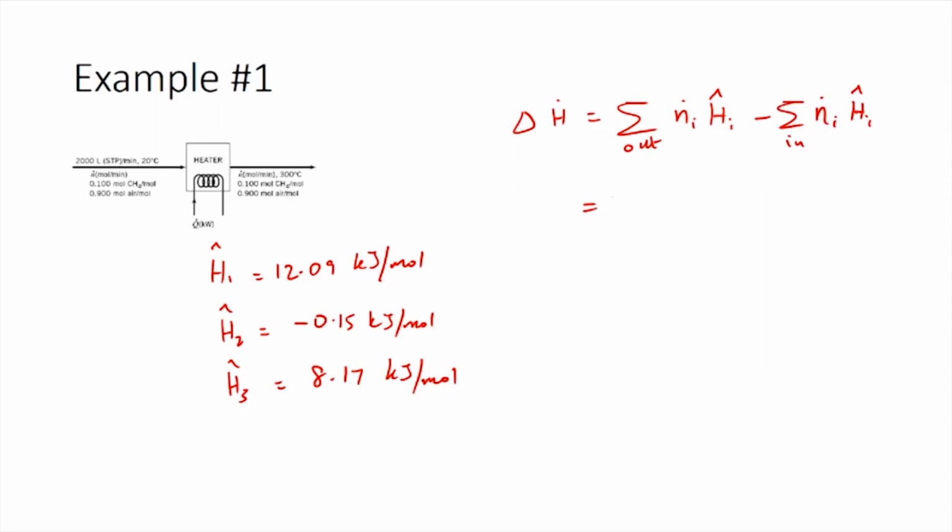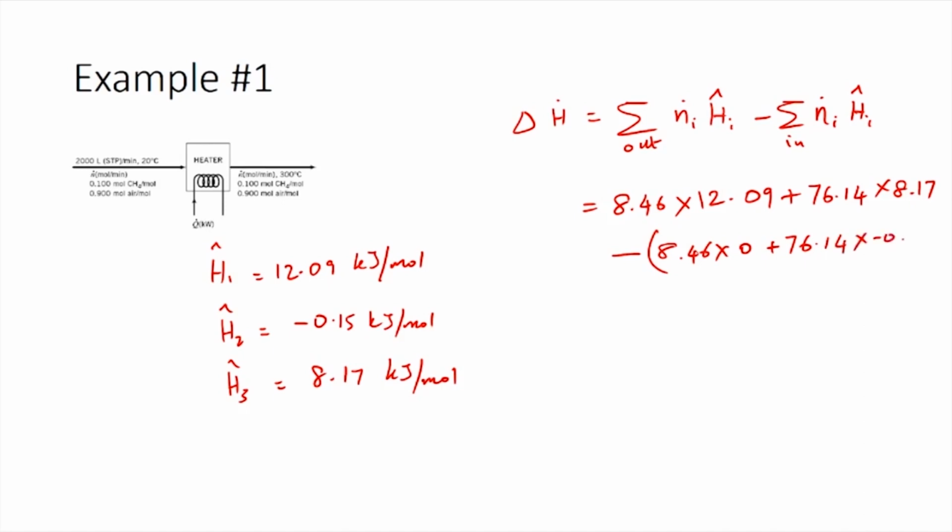So, the outlet is 8.46 moles of methane leaving with an enthalpy change of 12.09 plus 76.14 moles of air times 8.17, minus 8.46 times 0 minus 70 plus 76.14 times minus 0.15. So, this term within the brackets is the outlet enthalpy and the second component is the inlet enthalpy.